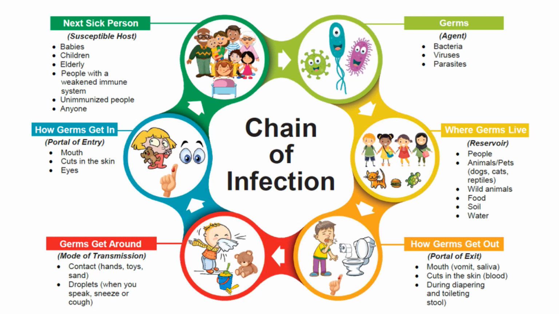Babies can be more susceptible to receiving infections, children, the elderly, people with weakened immune systems, unimmunized people, really could be anyone. Any one of us can certainly get sick, but especially those more susceptible, for sure.